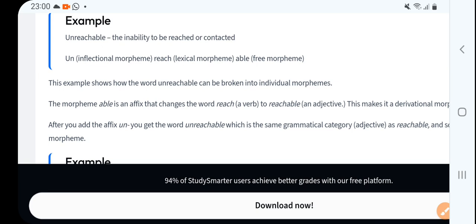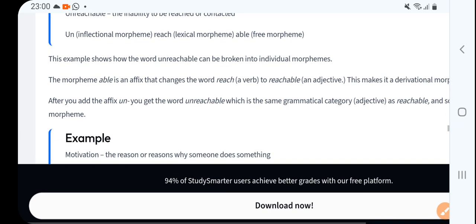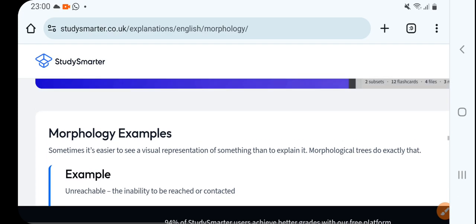Unreachable: the inability to be reached or contacted, right? So that is unreachable. Now un is an inflectional morpheme, reach is a lexical morpheme, able is a free morpheme. So what is an inflectional morpheme?